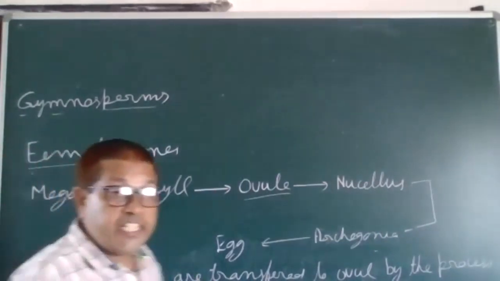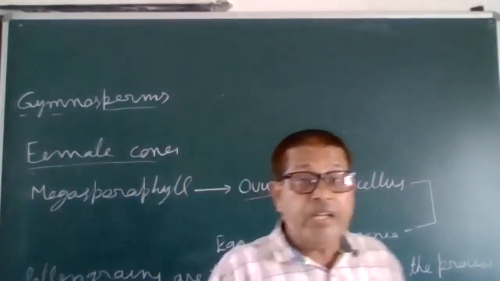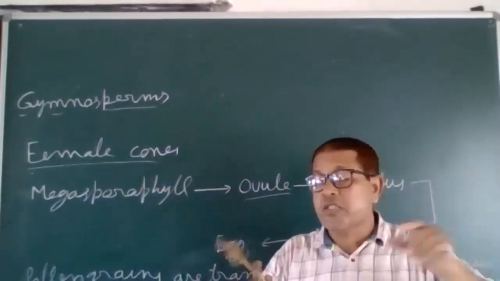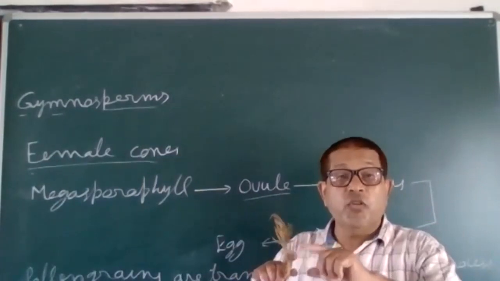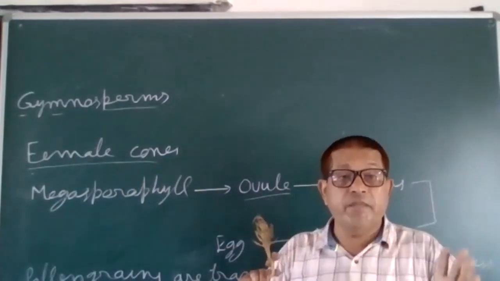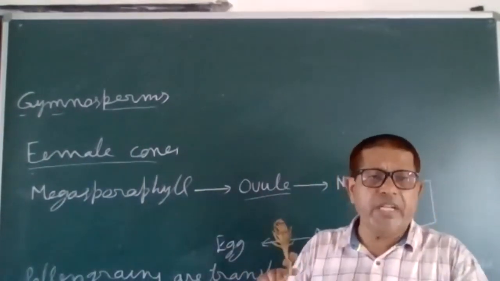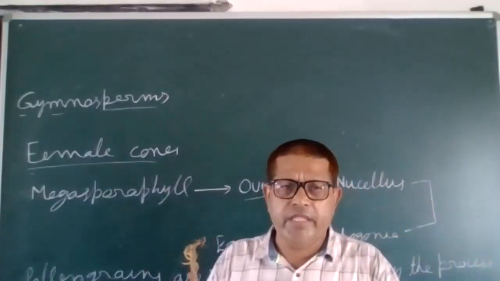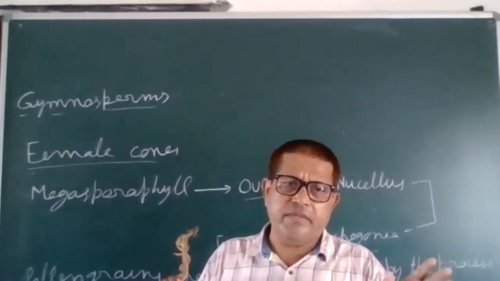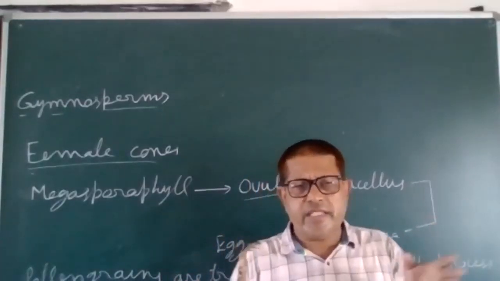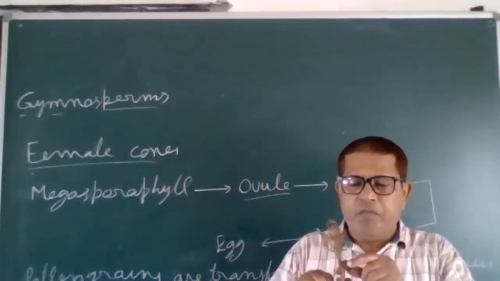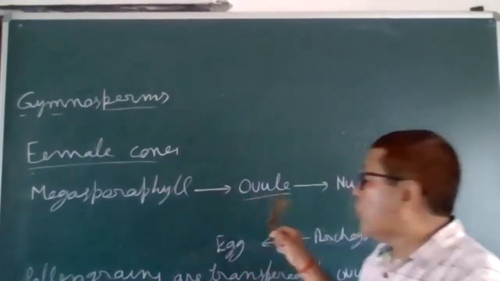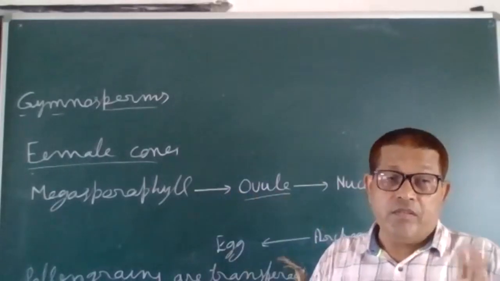And here pollination takes place by wind. Wind pollination. Pollen grains are transferred to the ovule by wind. You have studied many ways of pollen grain transfer: air, water, animals, etc. But here, pollen grains are transferred to the ovule by the wind.